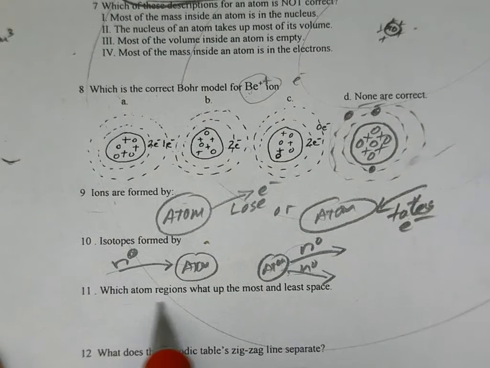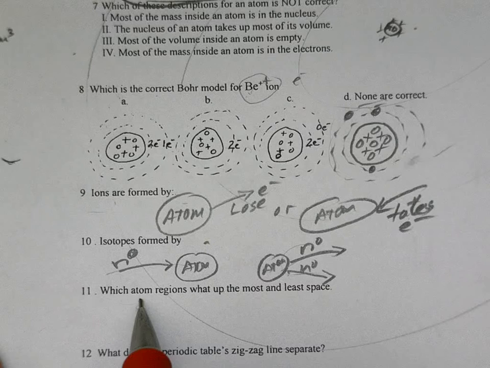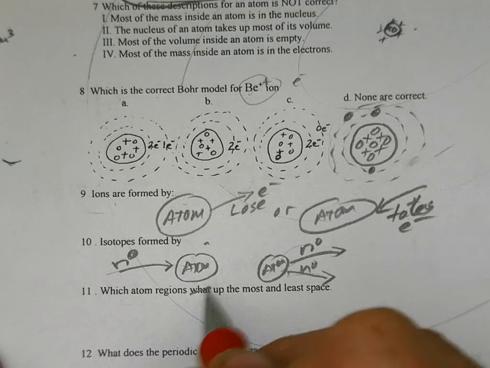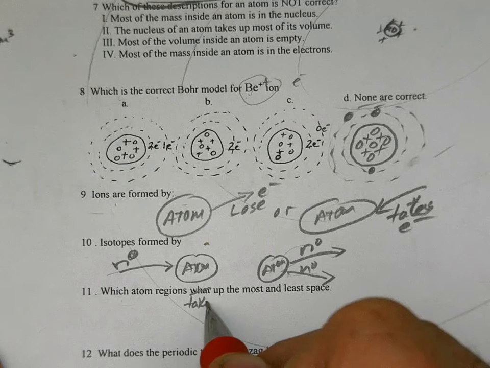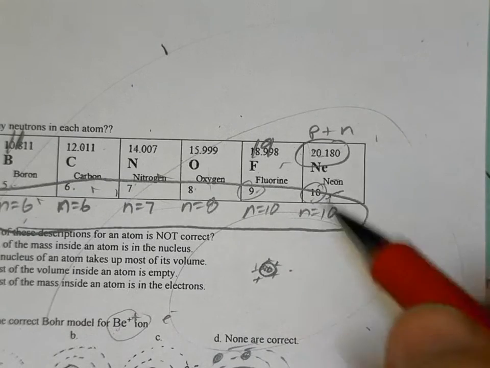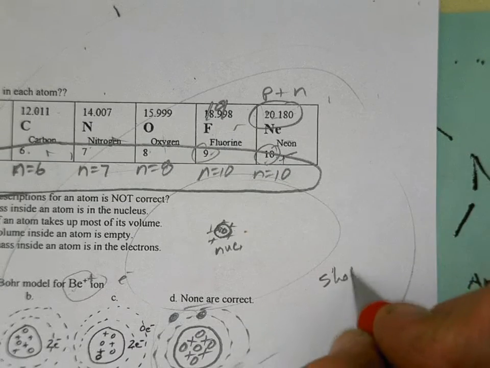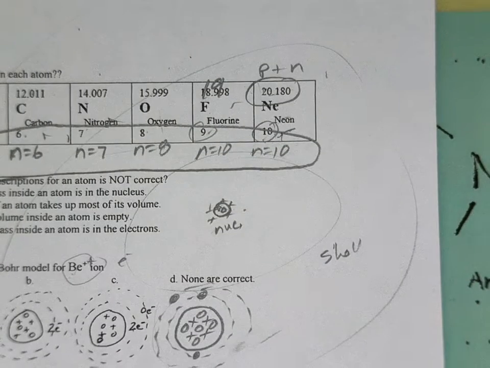Which atom regions take up the most and least space? Well, you know what? I just drew a diagram here. So here's the nucleus, here's the shell way out here. You figure that out. You should have a diagram of that. So there you go.